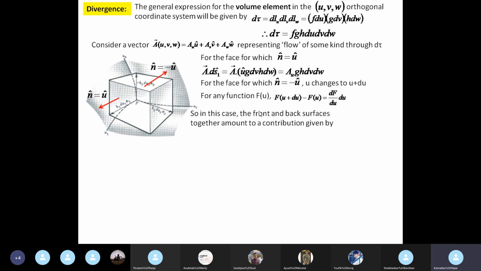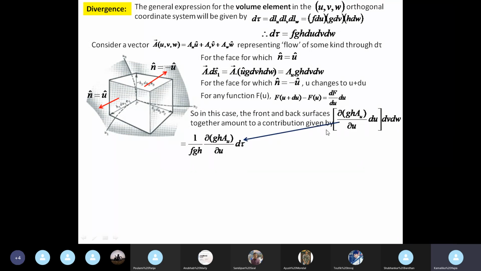So the front and back surface together amount to a contribution given by this. I just replace f by g h A_u. Okay, so this is what I get. Change along the u direction, so del u of g h A_u into du, and outside we have dv dw.